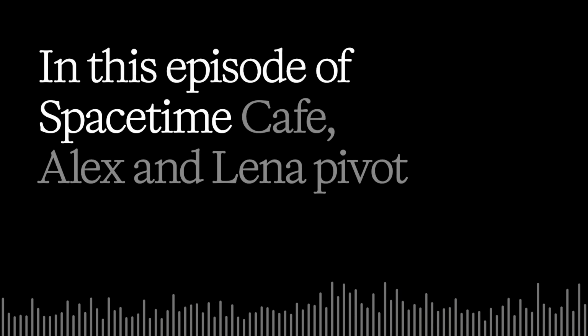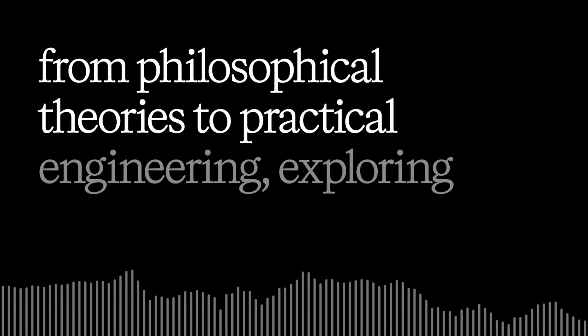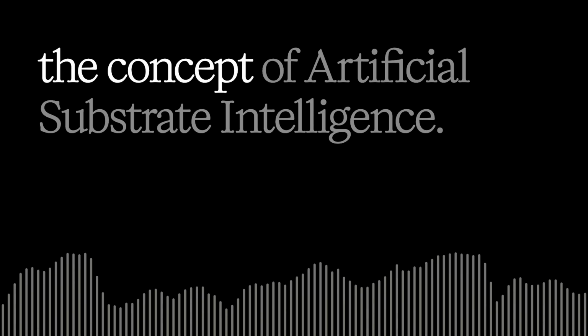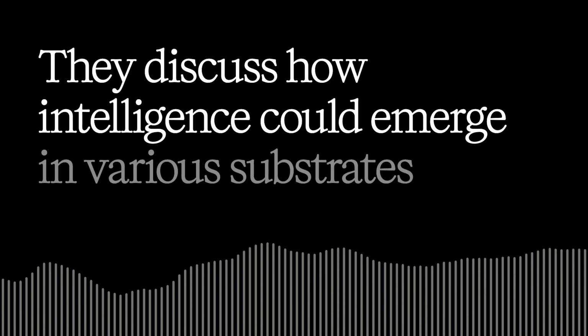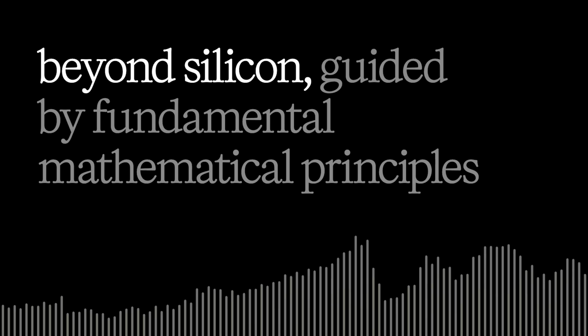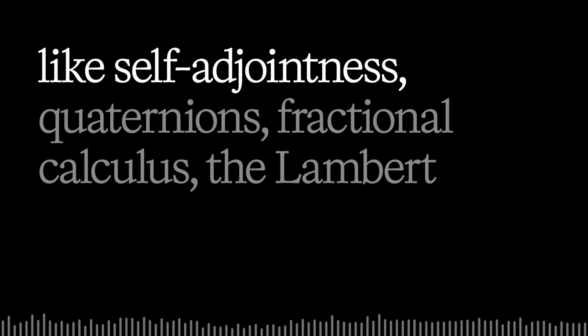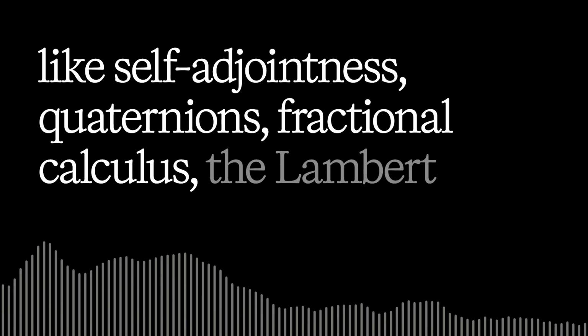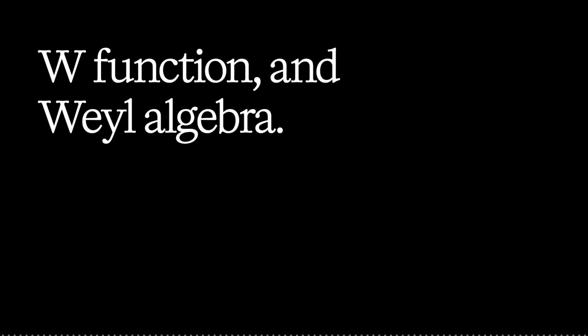In this episode of SpaceTime Cafe, Alex and Lena pivot from philosophical theories to practical engineering, exploring the concept of artificial substrate intelligence. They discuss how intelligence could emerge in various substrates beyond silicon, guided by fundamental mathematical principles like self-adjointness, quaternions, fractional calculus, the Lambert W function, and Weyl algebra.